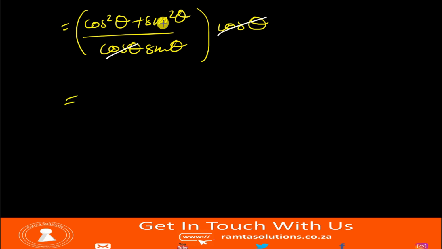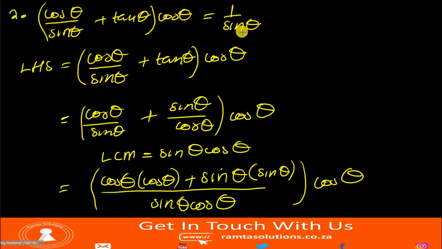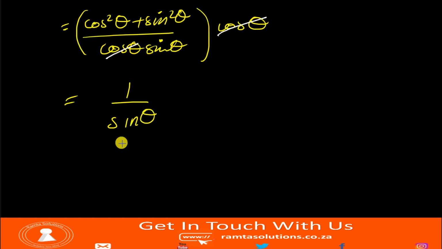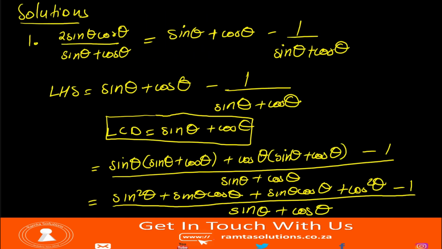We know this identity, the square identity, we know it is equal to 1. Now what are you left with? You are left with sine theta. Let's see. Yes, it is equal to the right hand side. All right? So we're able to prove this identity.